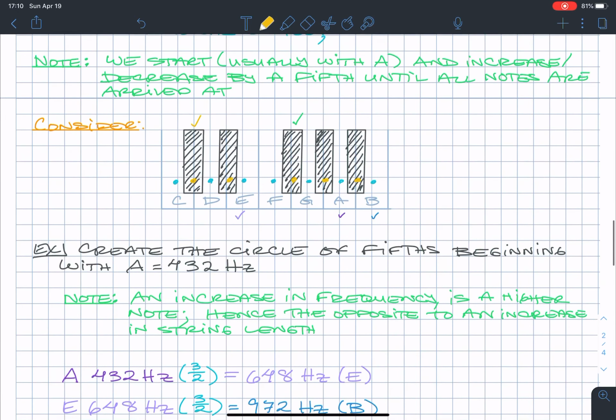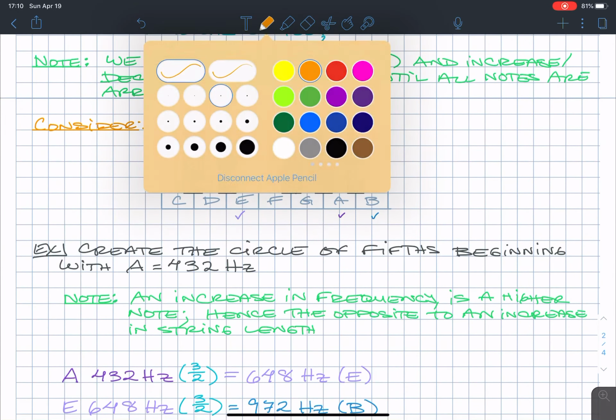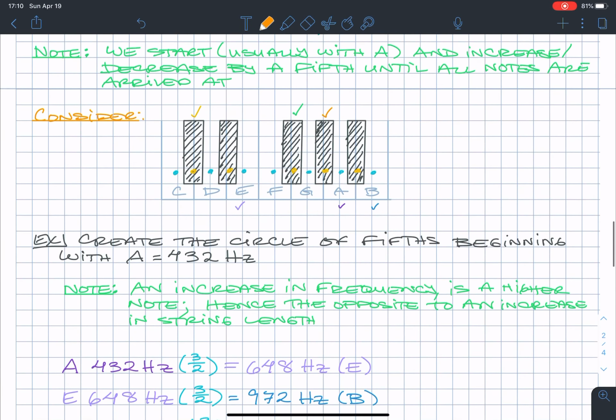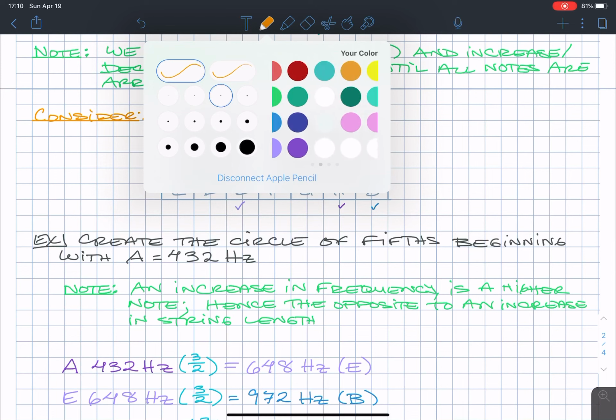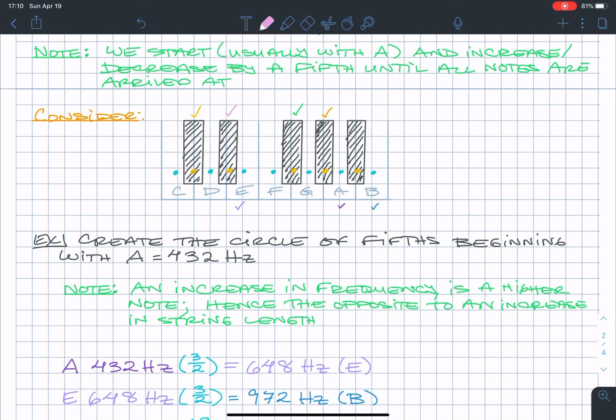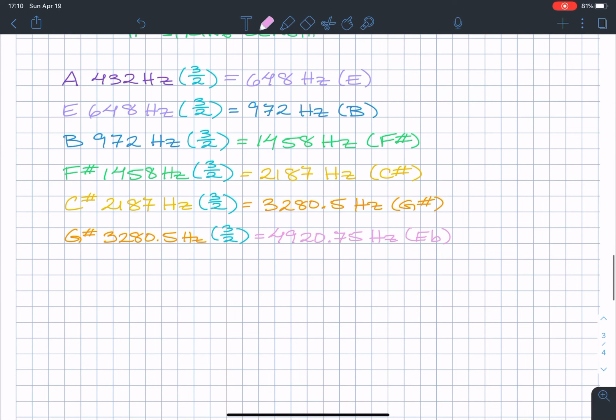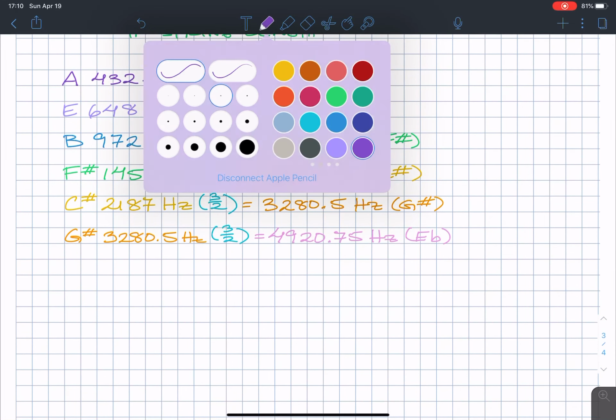We've got a G sharp. And we've got an E flat. Okay, so we've got a lot of them, right? But we still have C, D, F, G, and B flat. Okay, so what I'm going to do is start again with A 432.